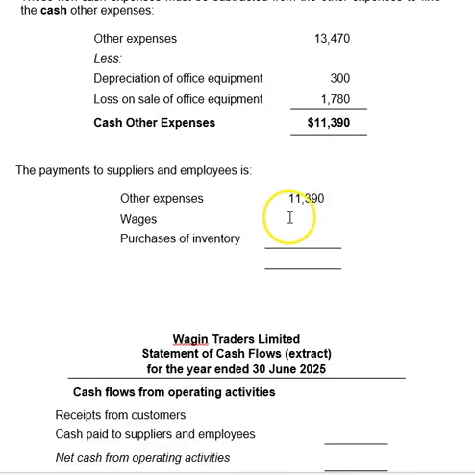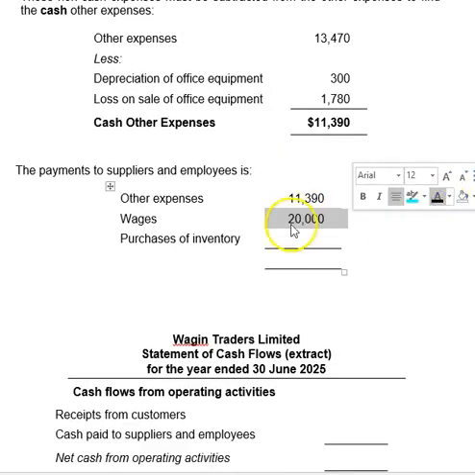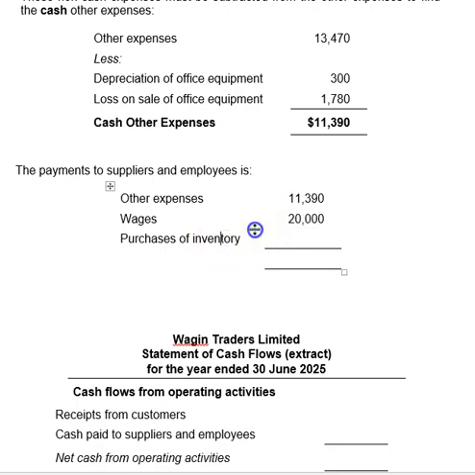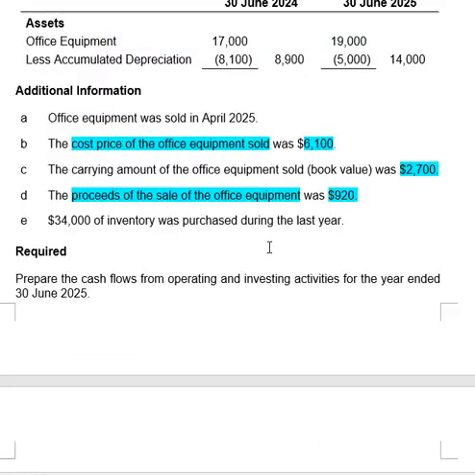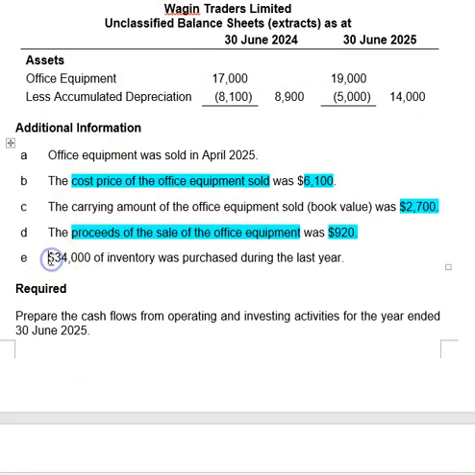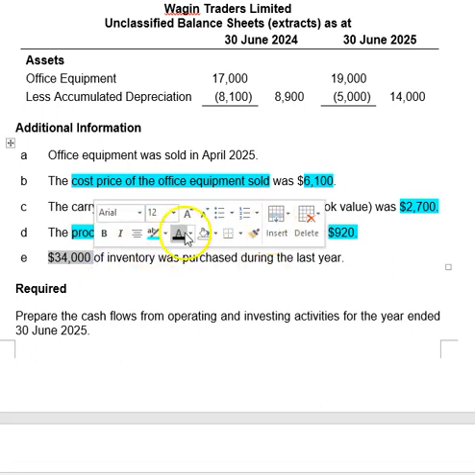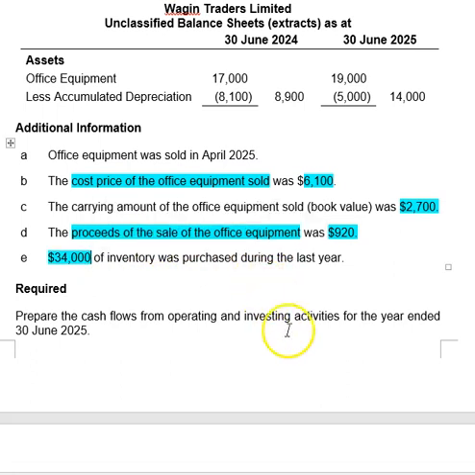Lastly, you need to look at how much money you pay for your inventory. If you look at your additional information E, 34,000 of inventory was purchased during that year, and you pay it by cash.